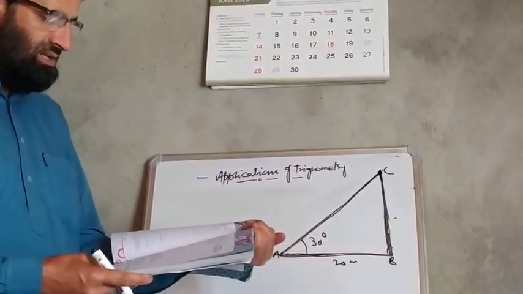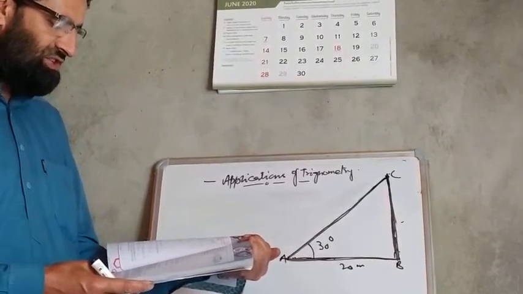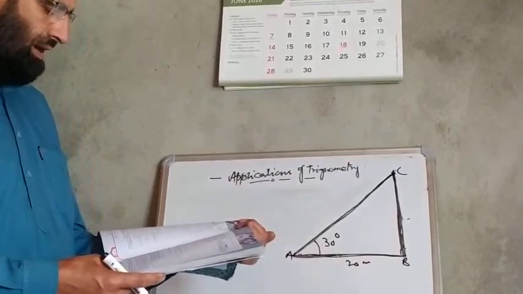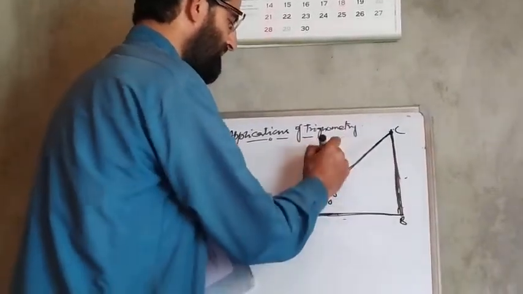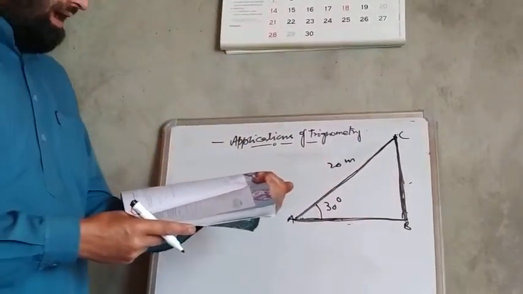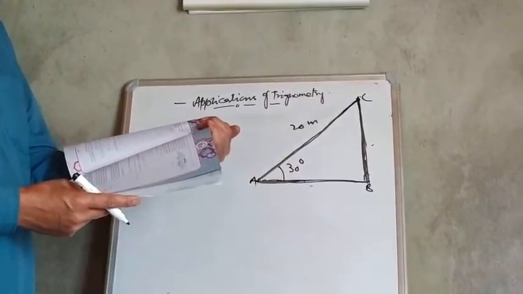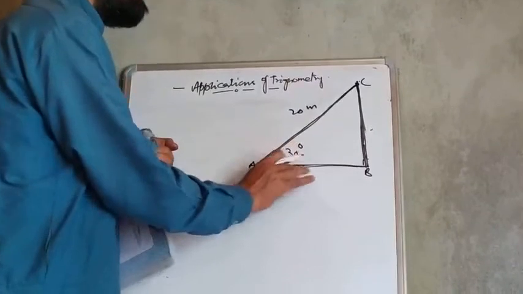This is 20 meters. And find the height of the pole if the angle made by the rope with the ground level is 30 degrees. Again, this angle is 30 degrees.